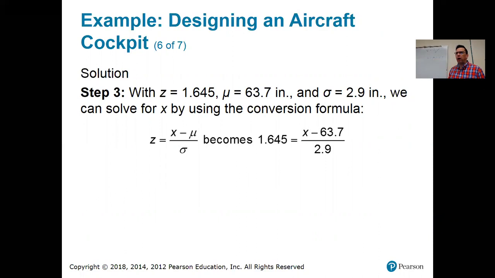Doesn't require any algebra to use this one. But they're using this formula. So 1.645 equals x minus 63.7 over 2.9. Oh, I need to show my work here, I think. The way that you solve this for x is just multiply both sides by 2.9.